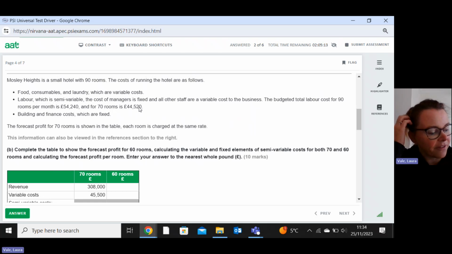So then if I feed that variable cost per room into one of these data sets, so let's say I do the high. So if I do 90 times that 486 that I just worked out, that gives me 43,740. That must be my total variable cost.